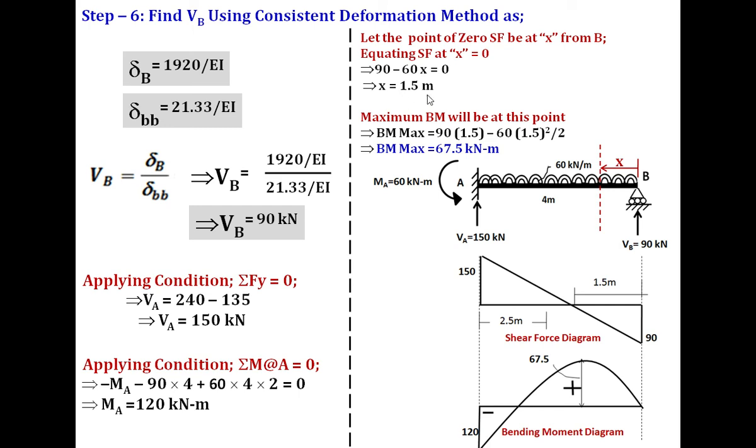So we get that at 1.5 meters the shear force becomes 0, and the maximum bending moment will be at this point. The maximum bending moment at x equal to 1.5 is given by 90 into 1.5 minus 60 into 1.5 whole square by 2, which comes out to be 67.5 kilonewton meters.